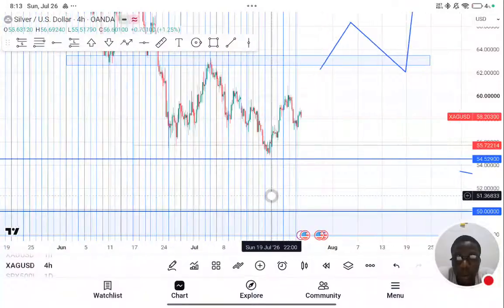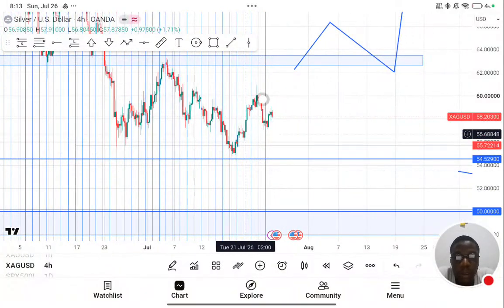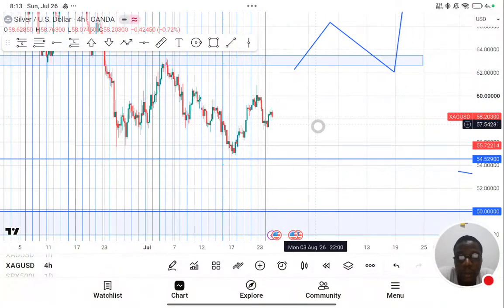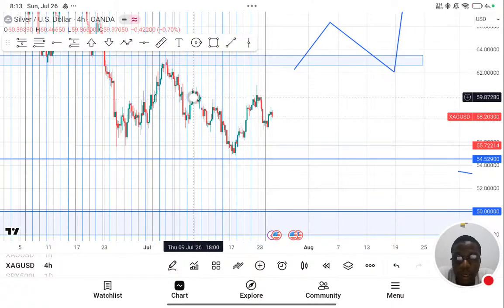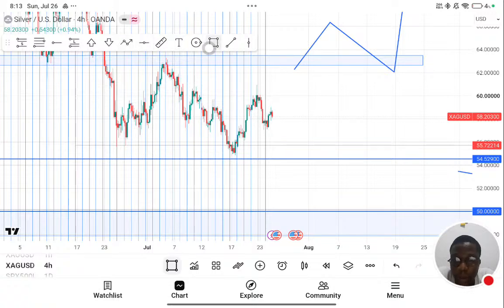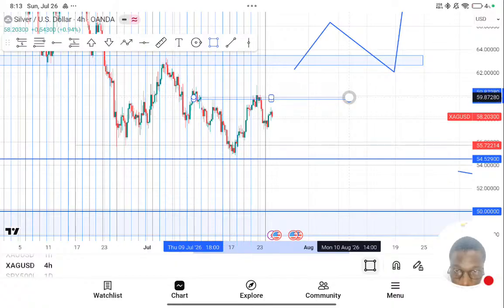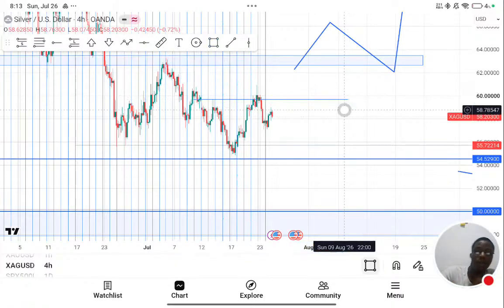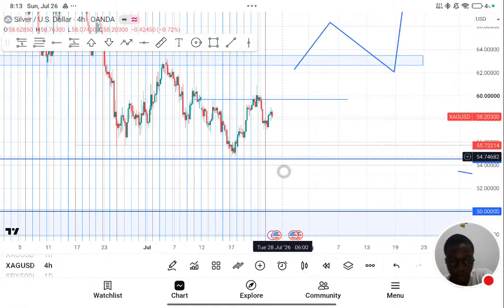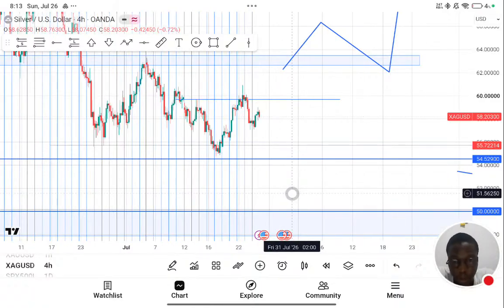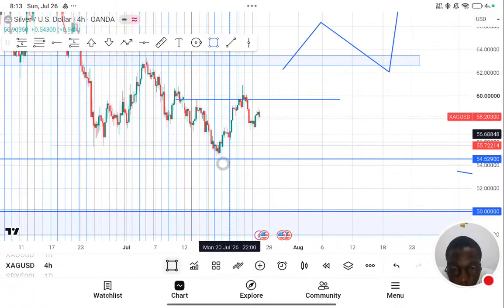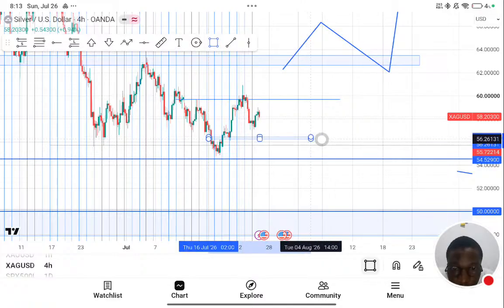So don't get carried away by all this move here to make you think that maybe structure has shifted. Here it's looking like structure shifted, but did it really shift? So we'll know when the market opens this week. Let's see how price reacts to this particular low.